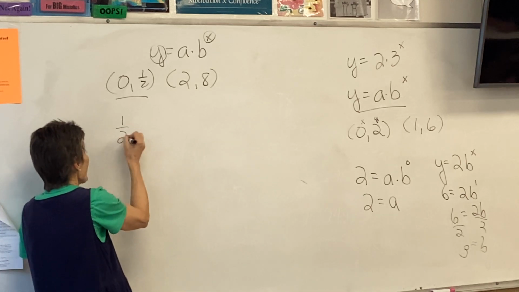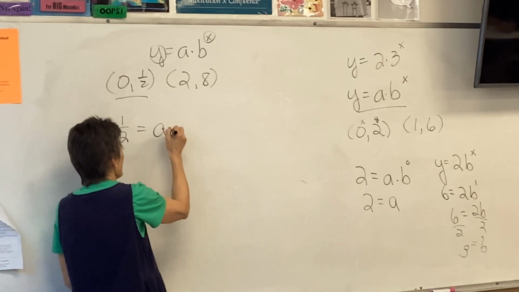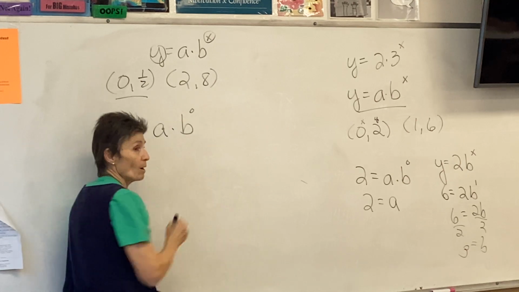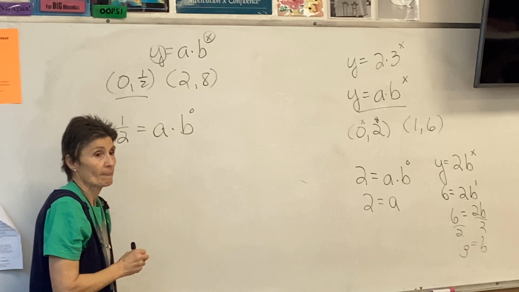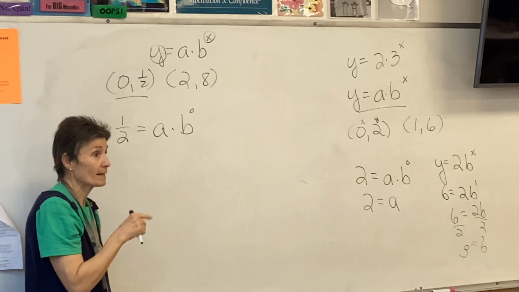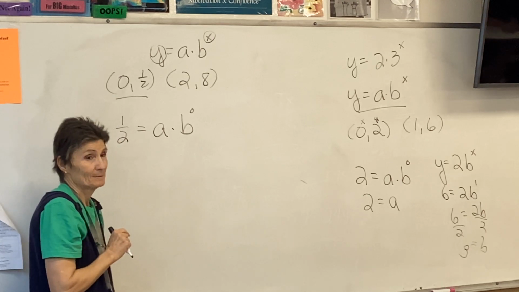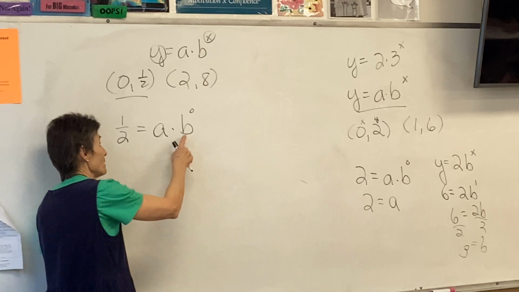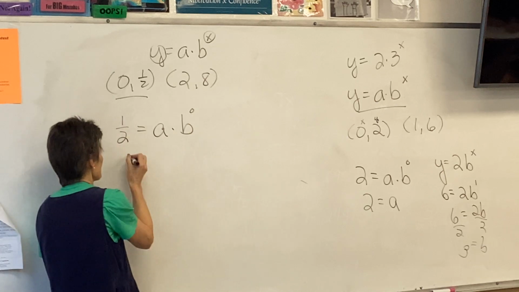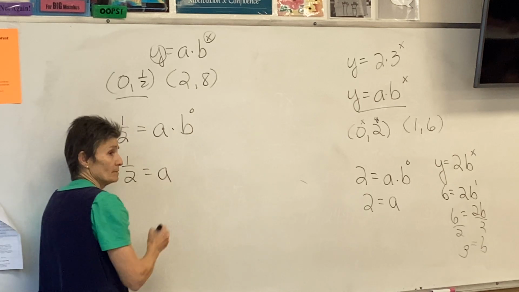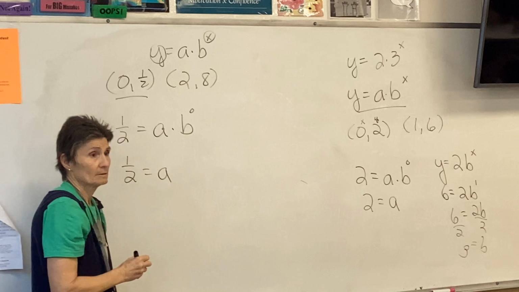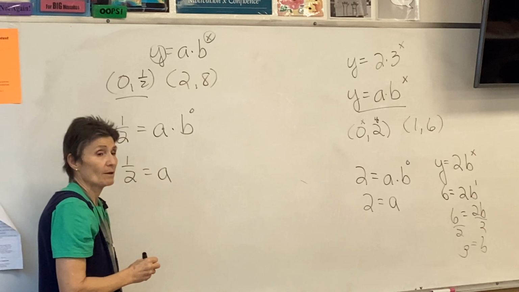So 1/2 equals a times b to the 0th. Remember, I'm plugging in x and y. So what's b to the 0th? So isn't a 1/2? Is that right?